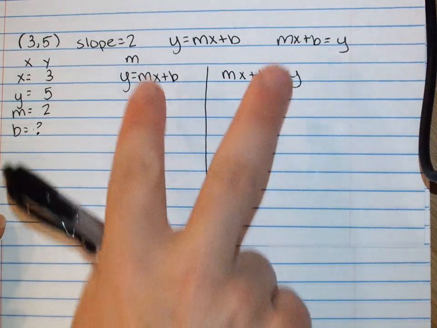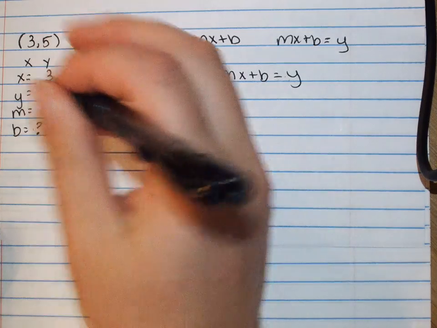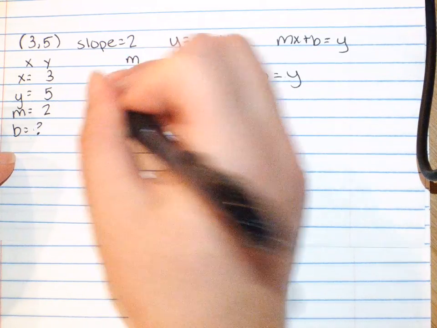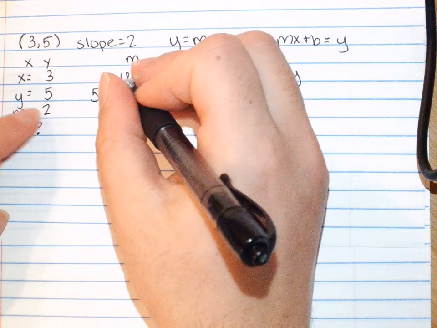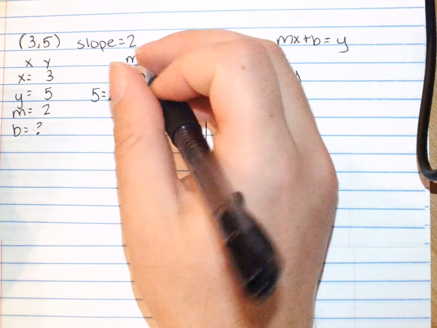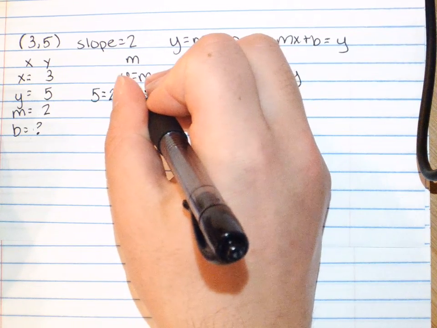Remember, these two are the same thing, so you're just picking which one is easier for you to work with. So over here, y is first, so 5 equals m, that's 2, times 3 plus b.